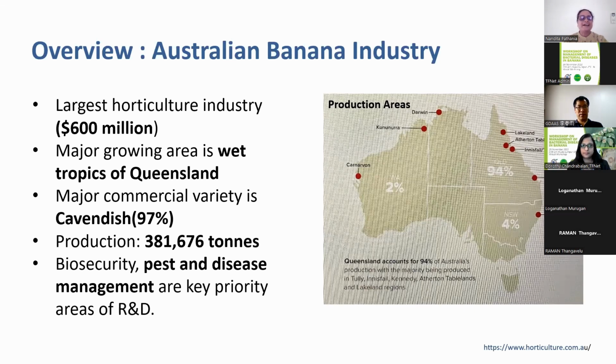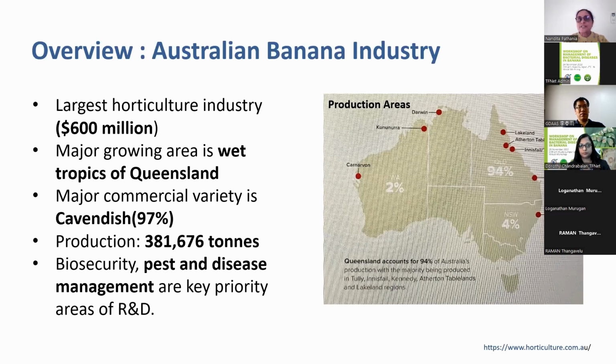of production of bananas, and the rest is grown in New South Wales, Western Australia, and the Northern Territory. The major commercial variety is Cavendish, which accounts for 97% of banana production, and 3% is produced from other varieties like Lady Finger, GDAAS, and plantain.